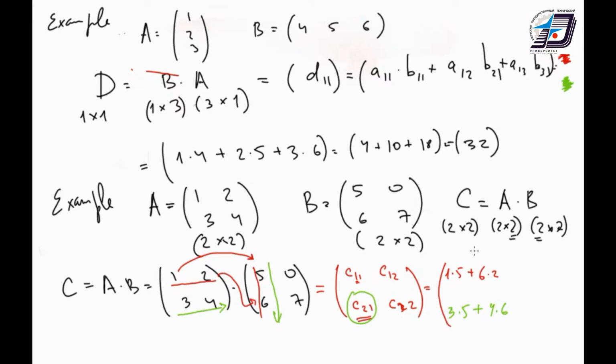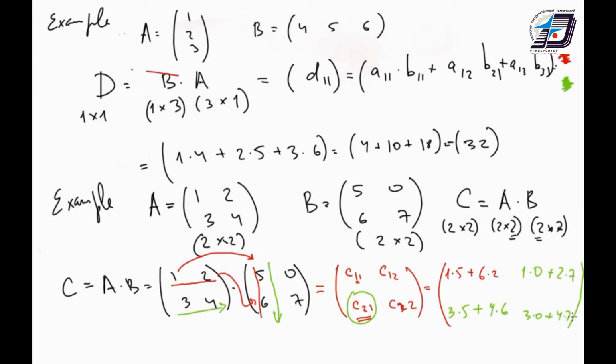C12, the first row, the second column. So I have 1 times 0 plus 2 times 7. The last one, C22, I take the second row and the second column.